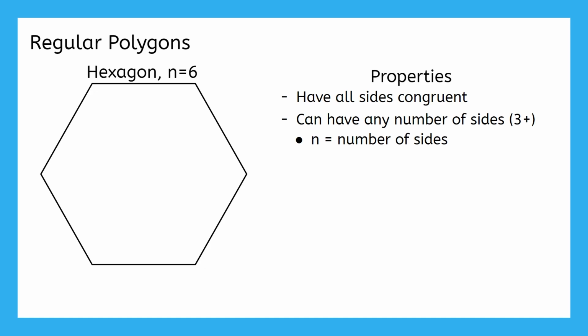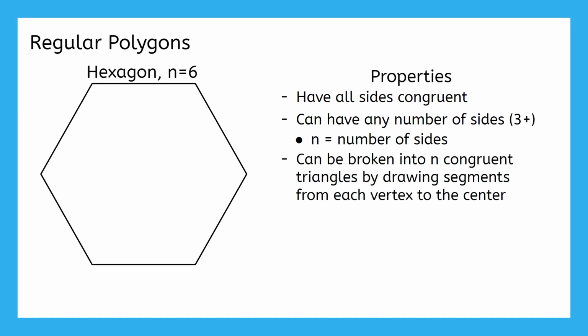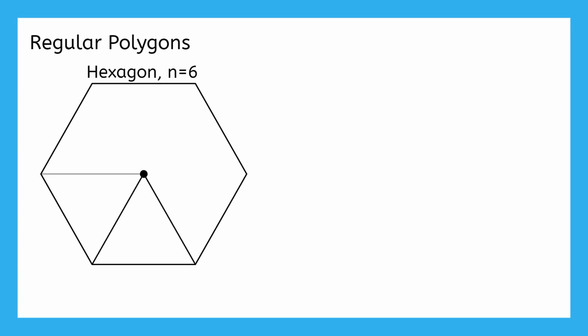A regular polygon with n sides can also be broken into n congruent triangles by drawing in segments from each vertex to the center of the polygon. So this hexagon forms 6 congruent triangles.